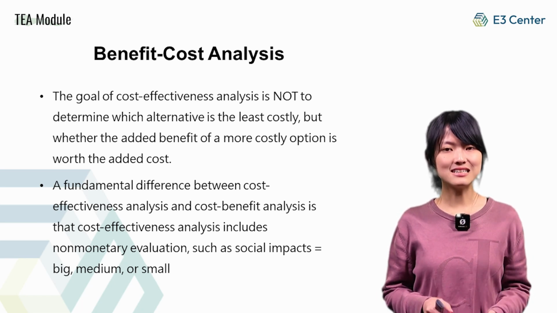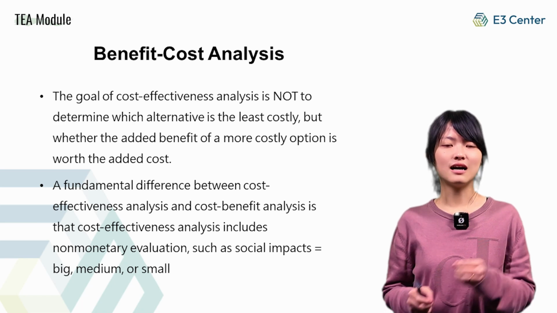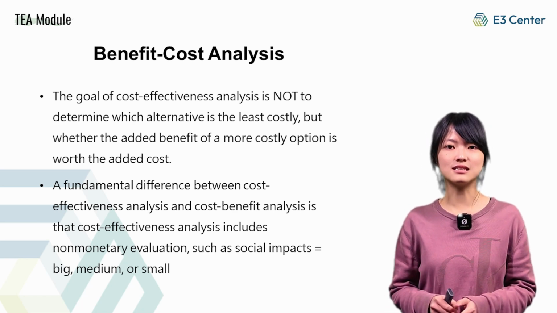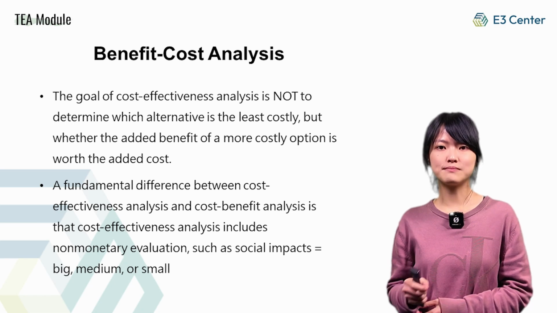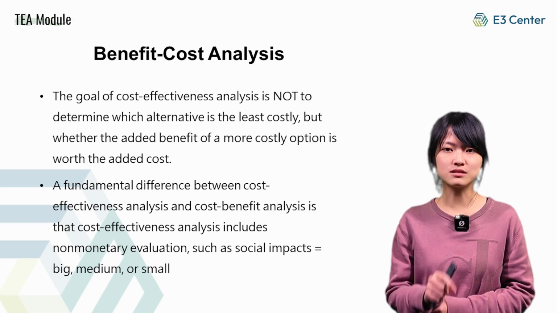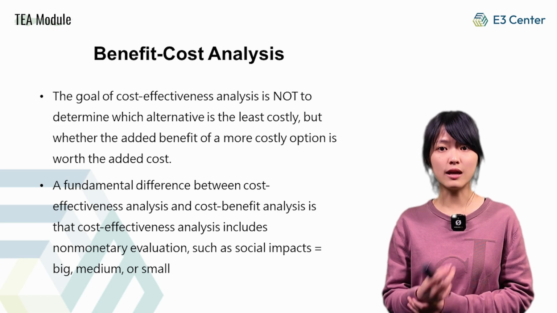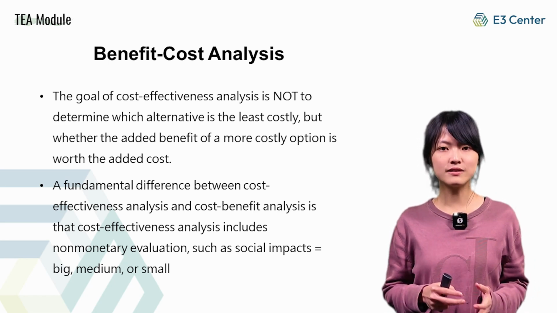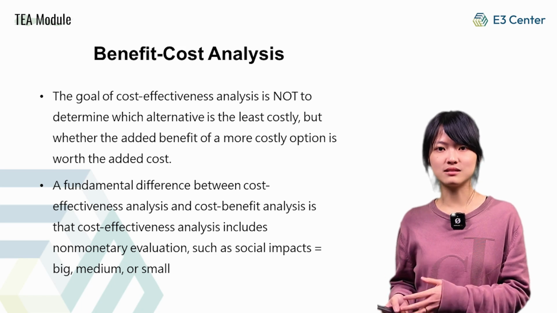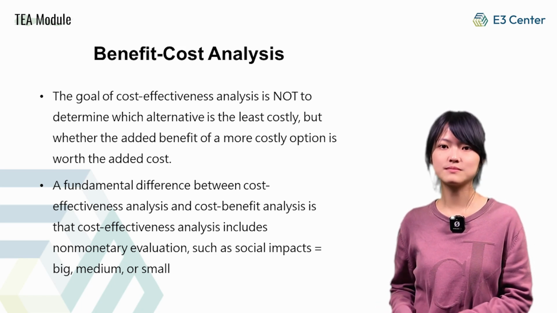Additionally, a key distinction between cost-effectiveness analysis and cost-benefit analysis is that the former includes evaluation that might not be strictly monetary. This evaluation might assess the social impact, which can be categorized as significant, moderate, or minor, and factor this into the decision-making process.